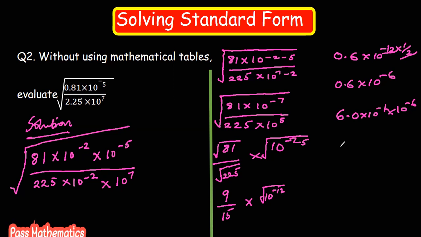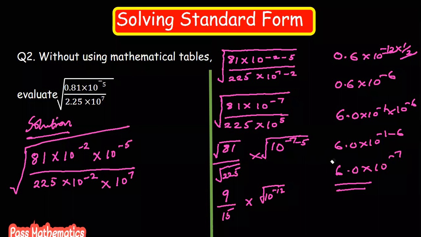Minus 1 minus 6, and finally we have our final answer: 6.0 times 10 raised to the power of minus 7.